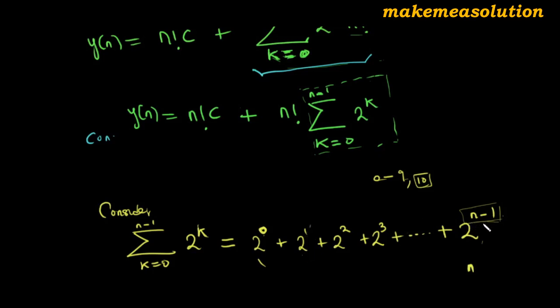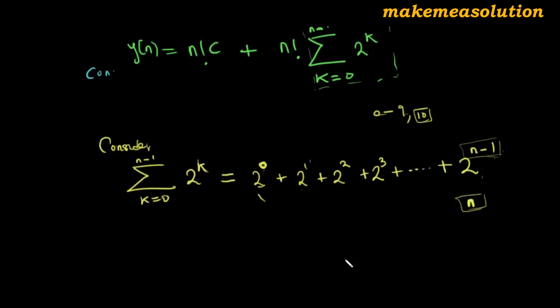Counting from the first term to the n minus 1 term, the 0th term contributes 1 to it, making it n. So we have n terms to deal with.